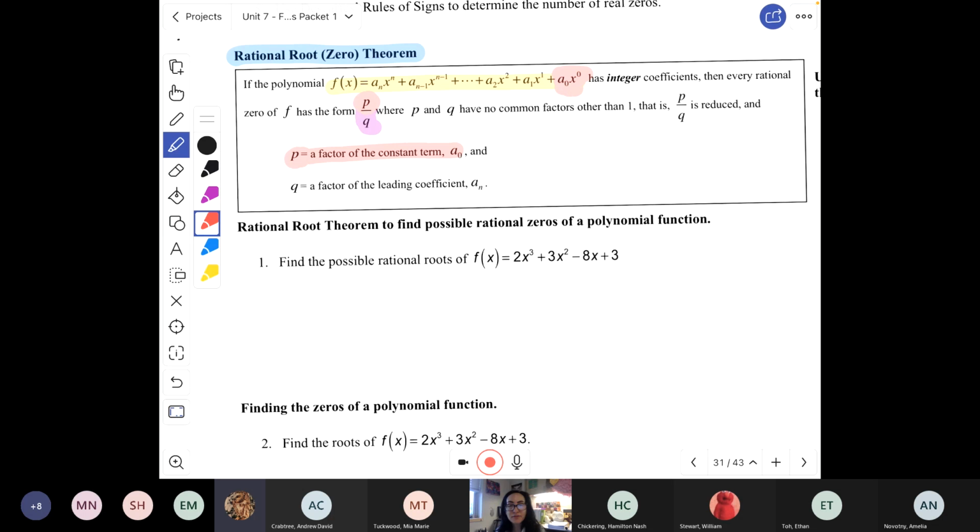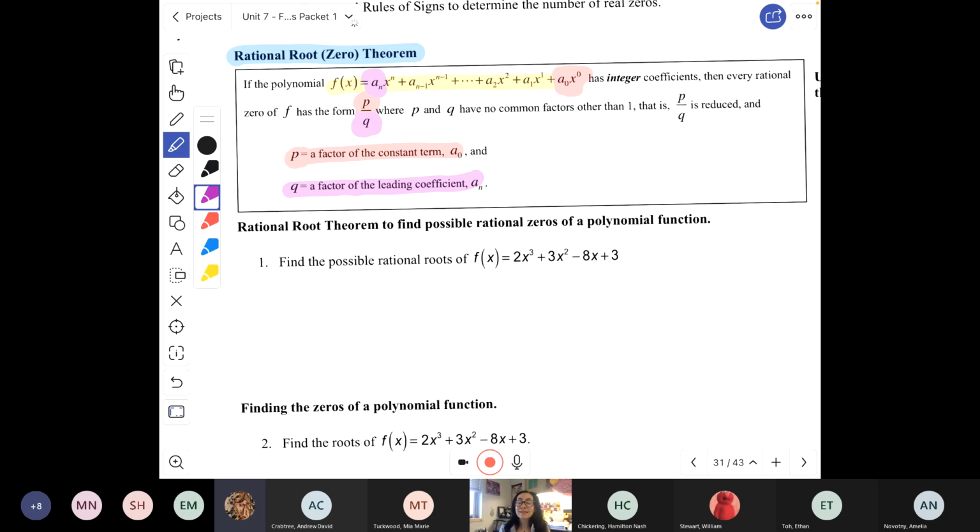So if it's in standard form and you look at the constant and you think of all the factors of that constant, that is going to give you all the possible numerators, all the possible P's. Then you're going to look at Q. Q are all the factors of the leading coefficient.